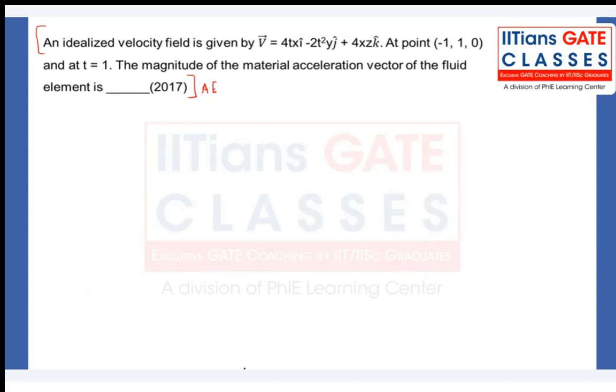Now, what is given in the problem? Yes, 20. Those who are getting 20, that is correct. Idealized velocity field. Now tell me whether this field is 3D, 2D, or 1D. Vector V is given as 40x i cap. Is it a 2D flow, 1D flow, or 3D flow?